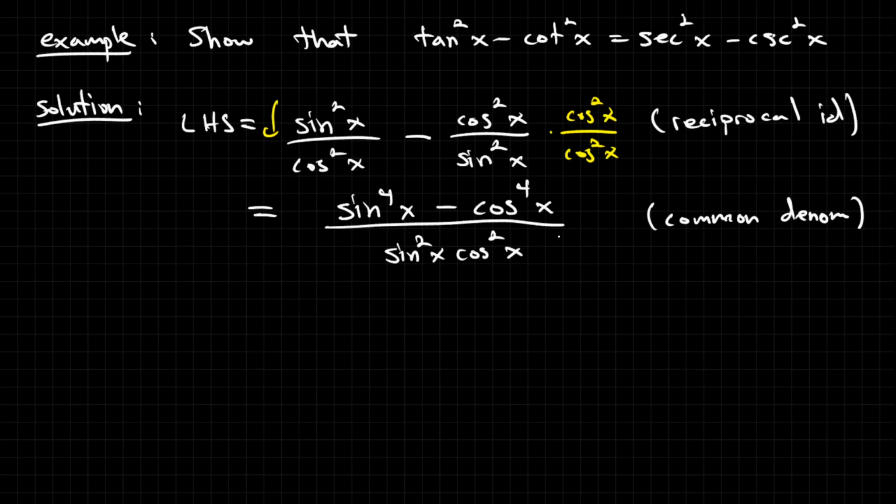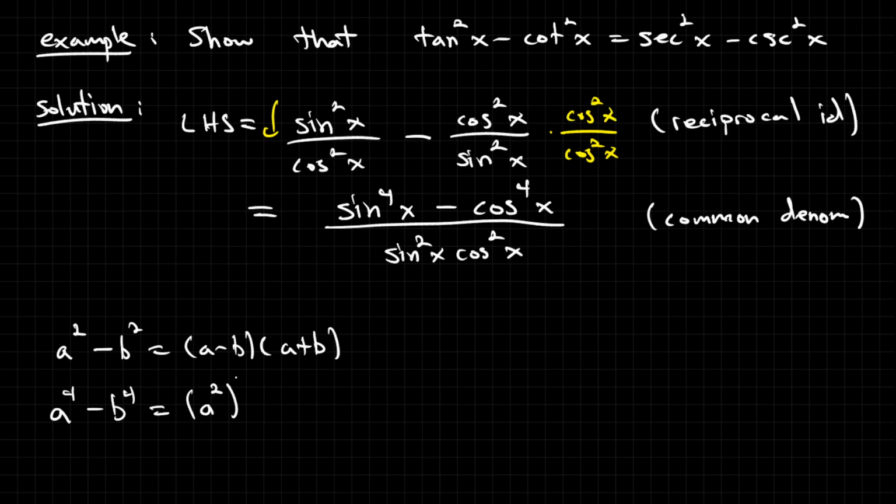And now I look at this, and while you may not see this right away, what I see in the numerator is a difference of squares. First of all, let's recall that if you have a squared minus b squared, that's a minus b times a plus b. And so if you have a to the fourth minus b to the fourth, well, that is the same thing as a squared squared minus b squared squared.